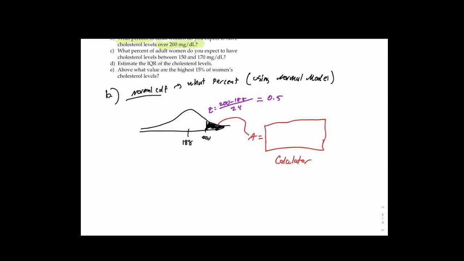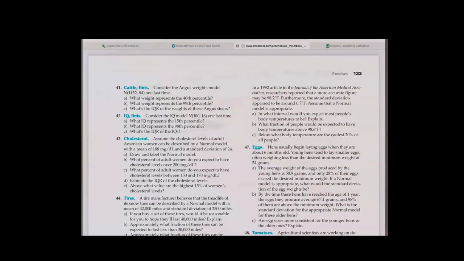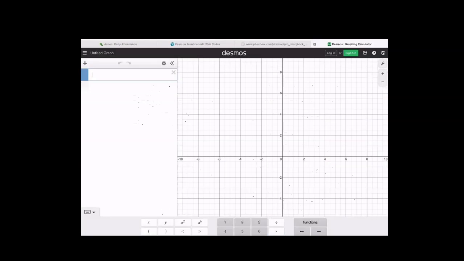We use the calculator to get our answer for the area. Okay? So we need to find that area using the graphing calculator, using whatever means that we need necessary. This could mean normal CDF. It could mean Desmos. And I'm going to use Desmos for my answer here, okay? So, I go to my Desmos. Okay?